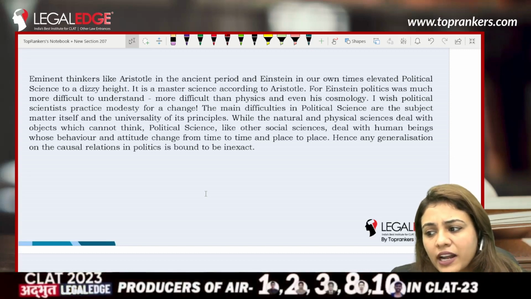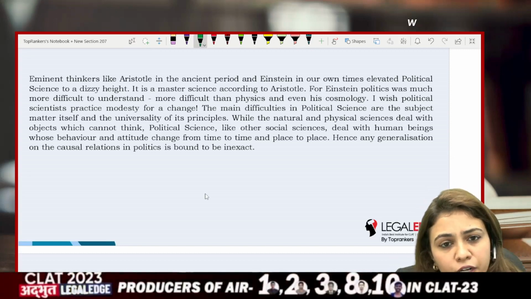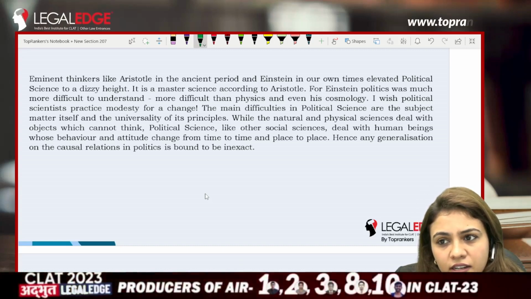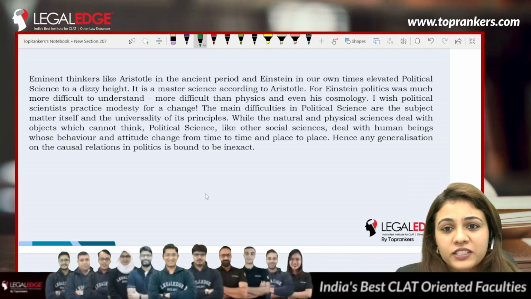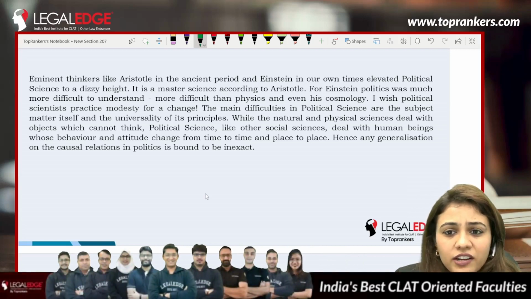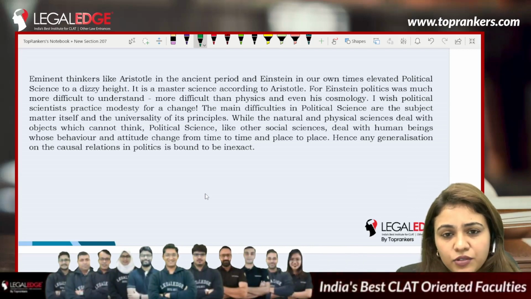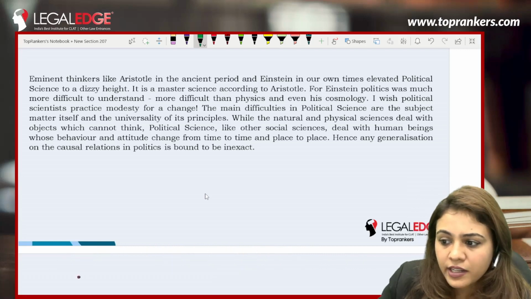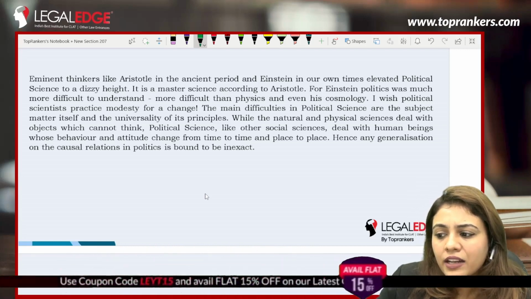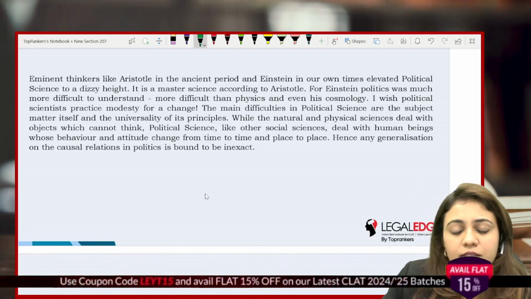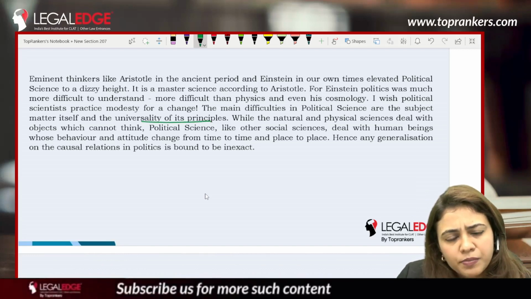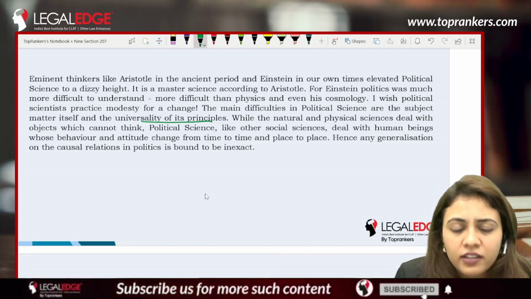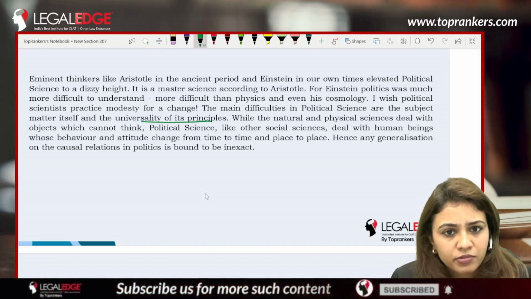So we see for Einstein, politics was much more difficult to understand because अगर हम Einstein के बारे में जानते हैं तो we know that he used to basically research over scientific things. So he was a scientist, right? So यहाँ पे सबसे main difficulty in political science is basically the subject matter itself and the universality of its principles. क्योंकि science में अगर हमने कुछ prove कर दिया, it will be universally accepted.